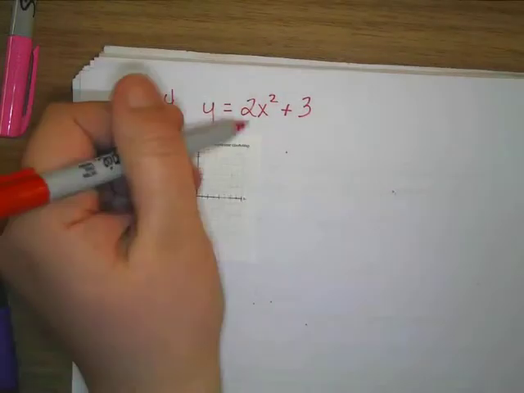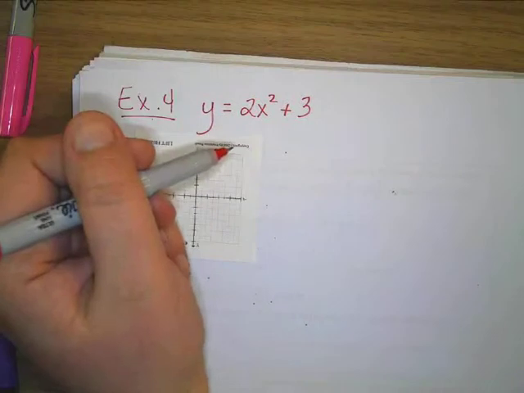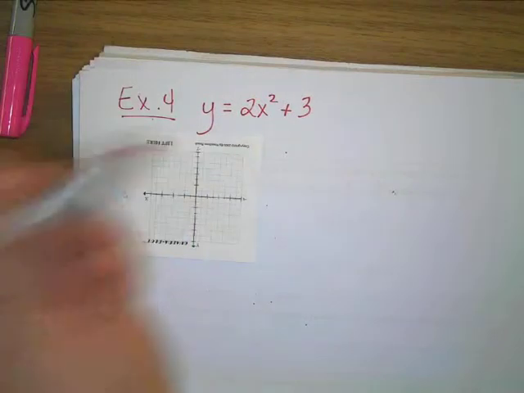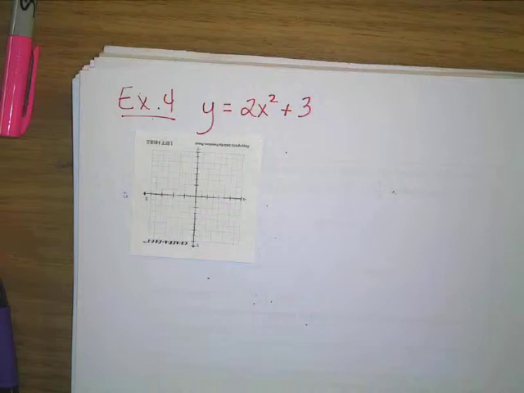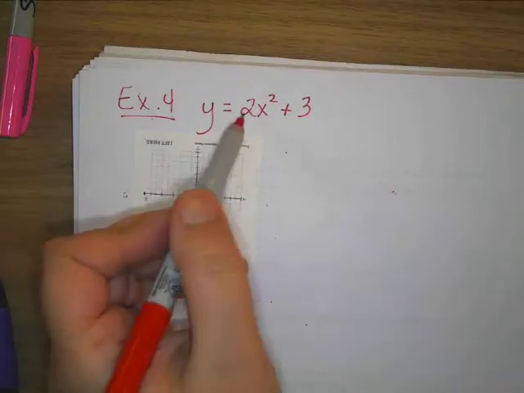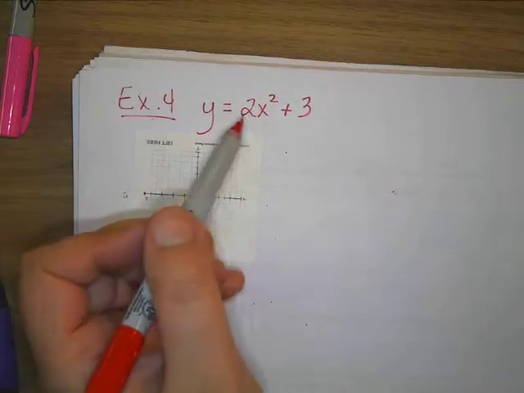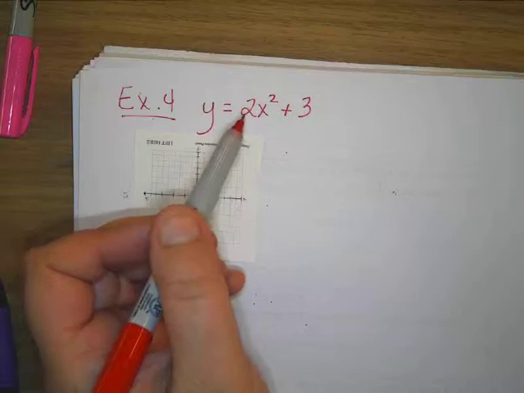So what is the 2 in front of the x squared going to do? It's going to times it by 2. So is it going to get wider or narrower? Narrower. It's a bigger number, so it makes it kind of suck in. And because it's positive, are we going to open up or are we going to open down? We're going to open up.